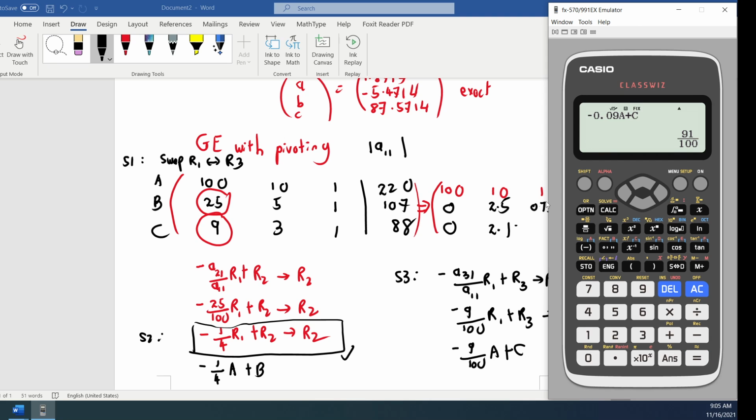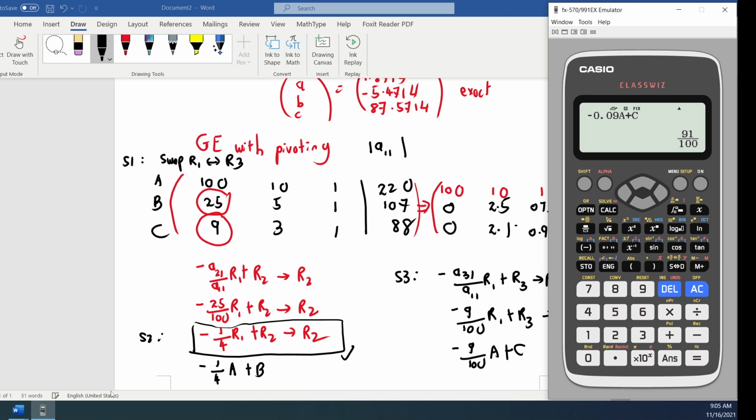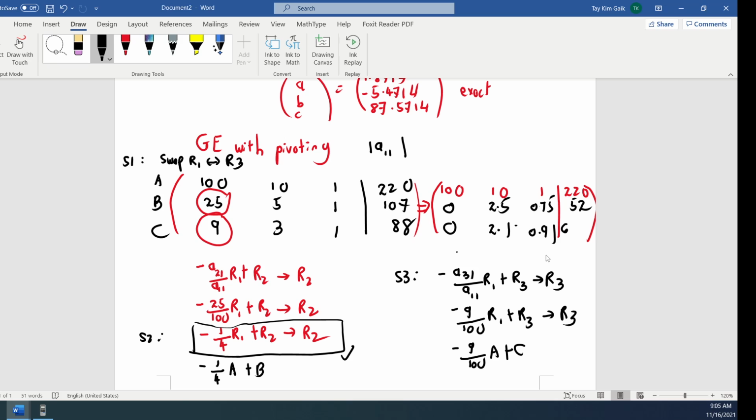So you have 0.91. Last column, A is 220, C is 88. You have 68.2. So first step is swapping row 1 and row 3. Step 2 eliminates A21, becomes 0. Step 3 eliminates A31, becomes 0.